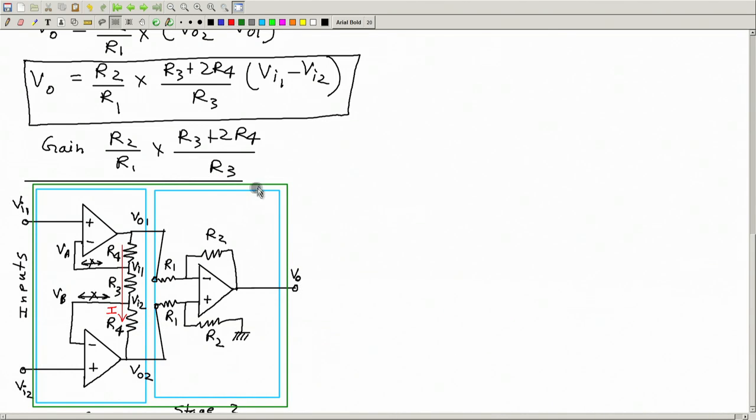So, the question we are asking now is, will virtual short really work or not?